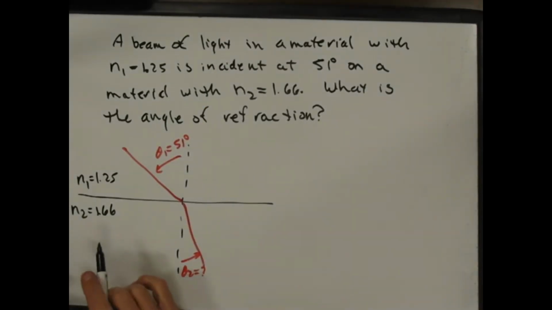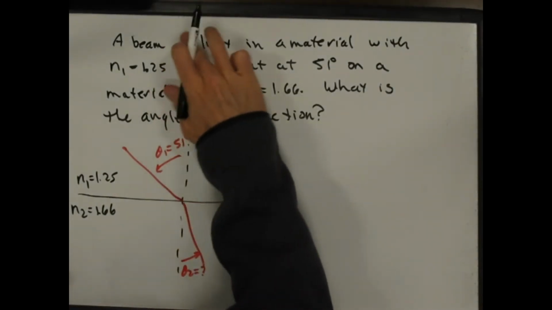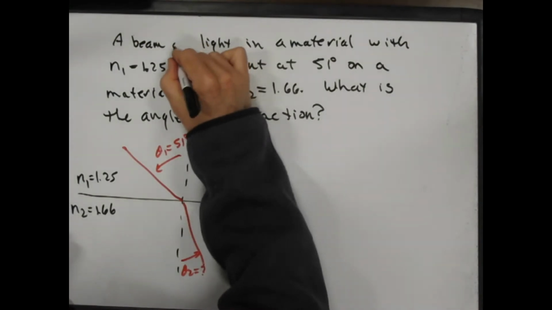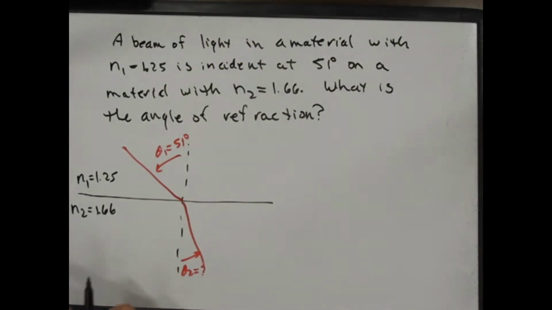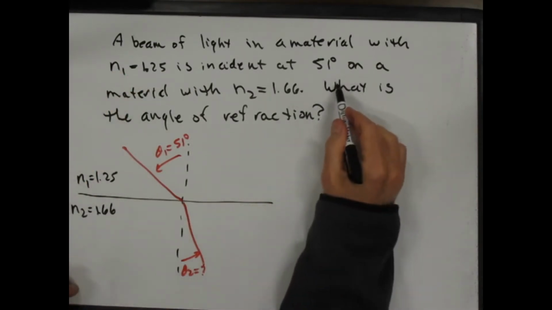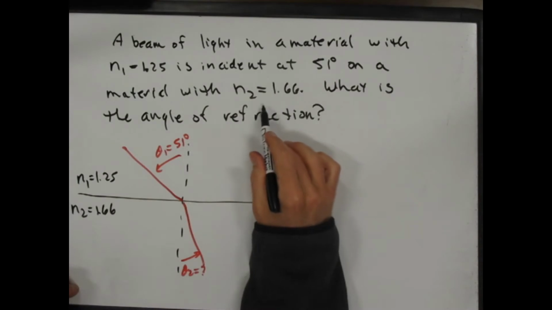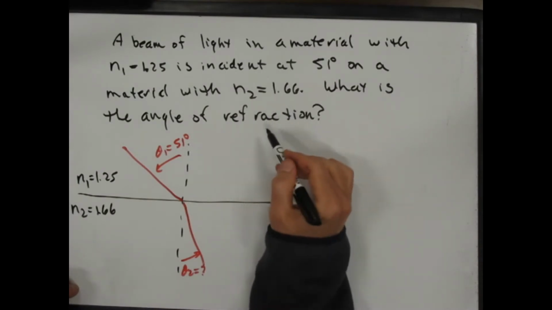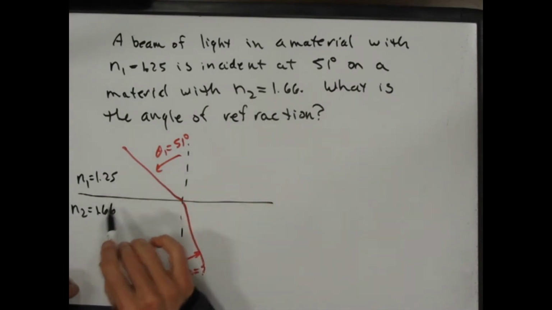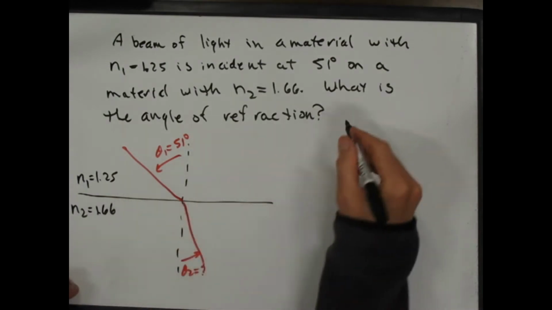So here's another Snell's law problem. A beam of light in a material with an index of refraction N1 equals 1.25 is incident at 51 degrees on a material with index of refraction of 1.66. What is the angle of refraction? This is a similar problem, except we don't have a 1 here anymore.